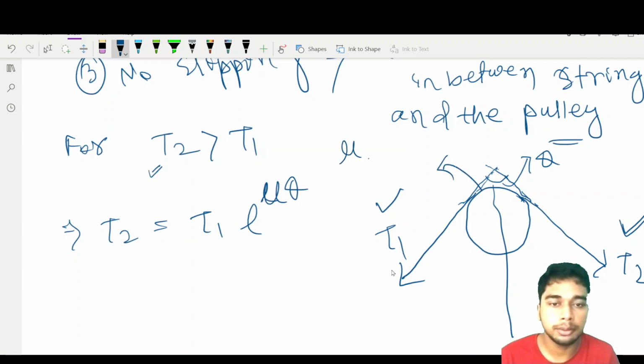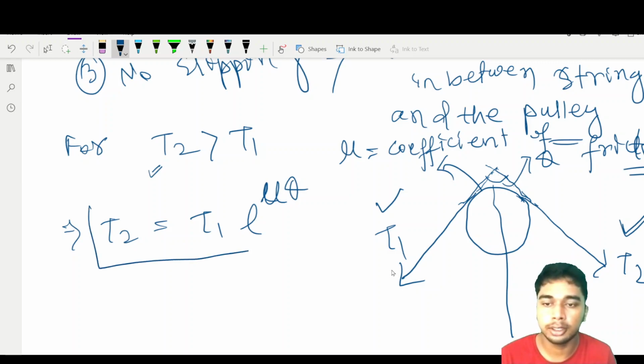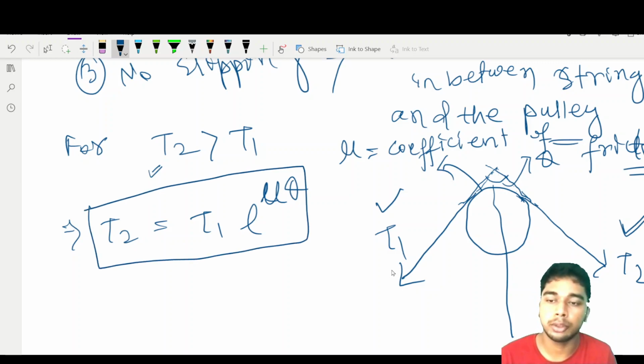Mu is the coefficient of friction between the rope and the pulley. So this is the relation between T1 and T2.